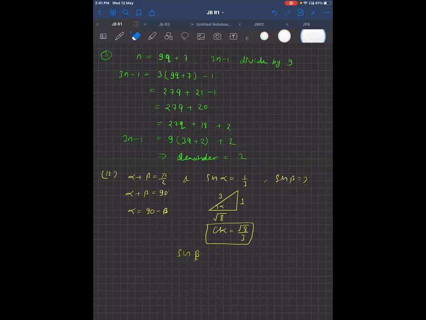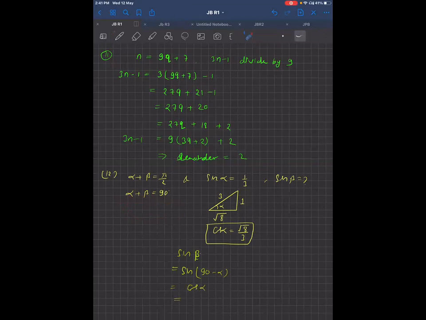If you need sine beta, now put the value of sine beta in terms of alpha. See from here, beta is equal to 90 minus alpha, because alpha plus beta equals 90. So beta equals 90 minus alpha, and sine of 90 minus alpha is cos alpha.